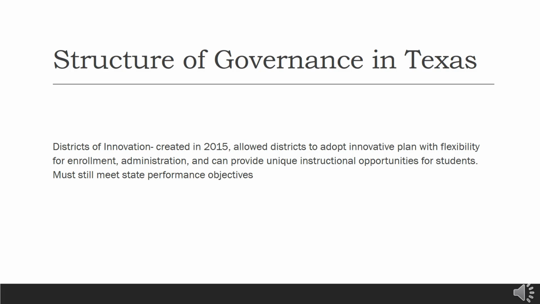In 2015, the legislature created districts of innovation, allowing some school districts to adopt innovative plans with flexibility for enrollment, administration, and other instructional opportunities for students. They still have to meet state performance objectives, including completing state assessments.